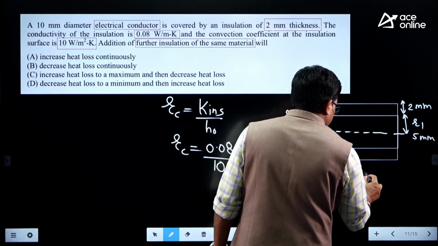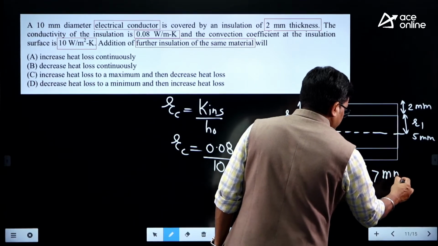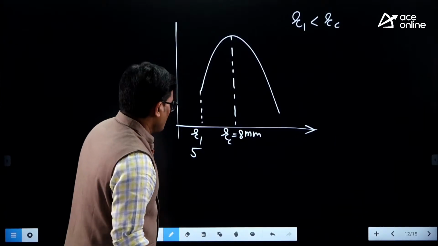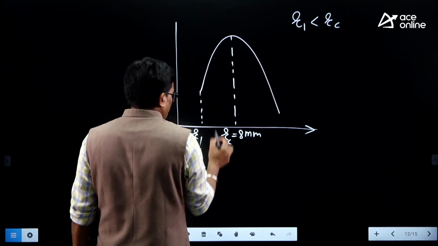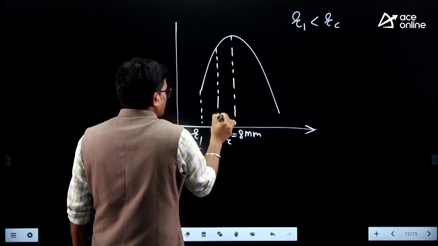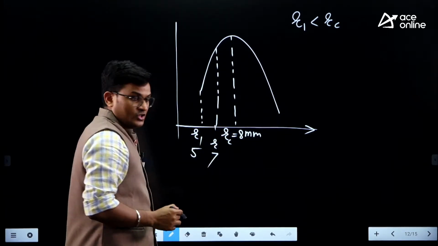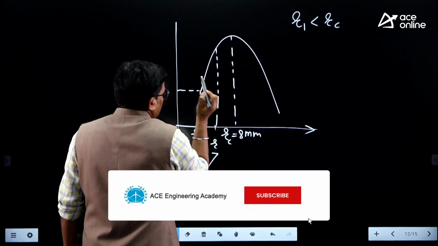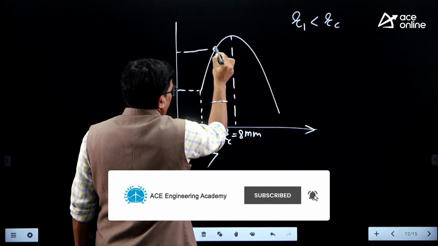R1 plus 2 mm, so this will be 7 mm. Now this is R1 5, this is 8, and this is R, 7 mm. So this is without, this is with insulation. Already you are here.